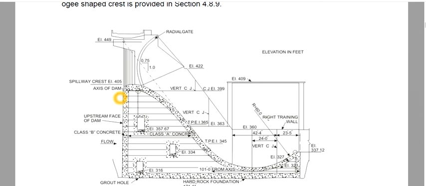So this is the axis of dam, this is the upstream face of dam. Here two types of concretes are there, class A concrete and class B concrete. From here the flow occurs.